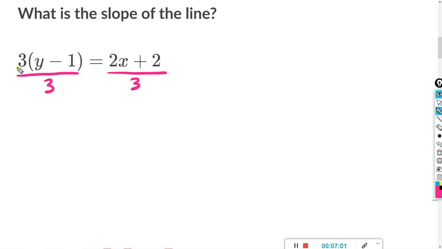And 3 divided by 3 cancels. We're left with y minus 1 equals. And remember we said when you have the numbers over a common denominator, each one of these terms is divided by that common denominator. So 2x divided by 3. And positive 2 is divided by 3.